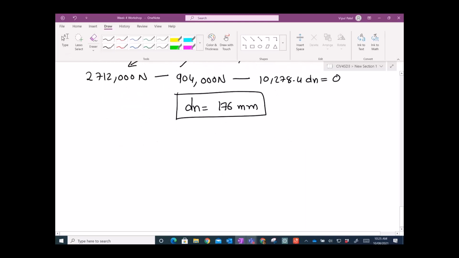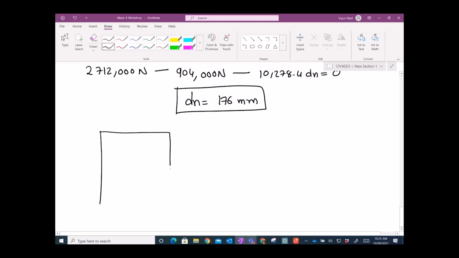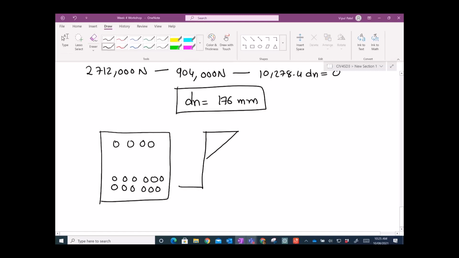By the way, the depth of the neutral axis means that you have these 1 2 3 4 5 6, 1 2 3 4 5 6, and then you have 1, 2, 3, 4. So if you just draw this strain profile, then you have this dN value, that is 176 millimeters. For that 176 millimeter, the top rebar should be at yield.